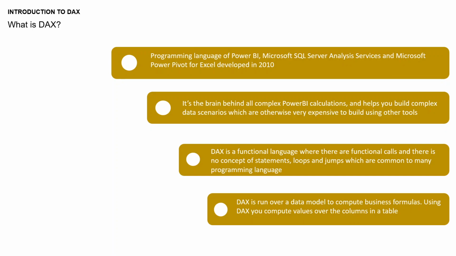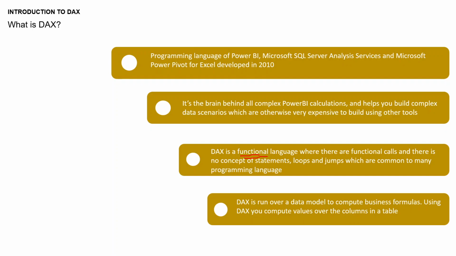The other thing is that DAX is a functional language, right? By functional language, we mean that it's not a typical programming language like Python or C, C++, where you have these concepts of statements and loops, where you run a part of the code again and again till the condition is met. It's not like that. In DAX, you have some predefined functions, and you have to call those functions by passing the relevant arguments, and the result those functions give you after their call is complete is essentially the result of your final calculations that you will show to your audience, right?